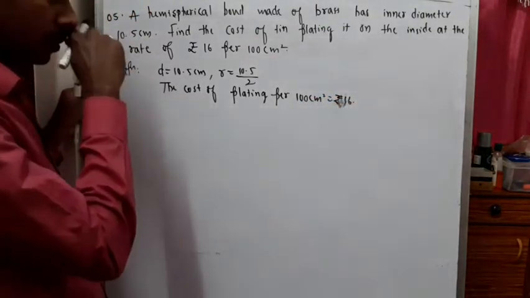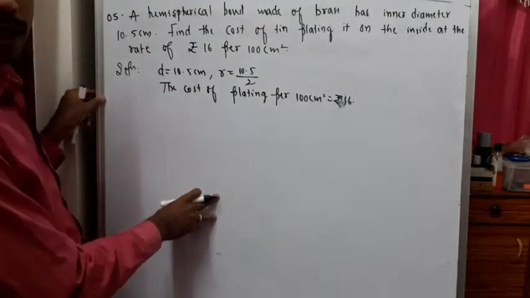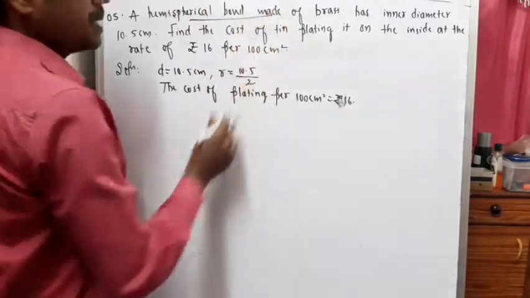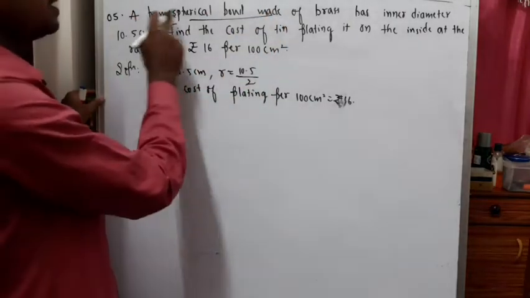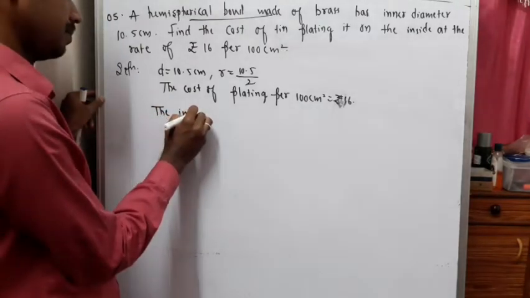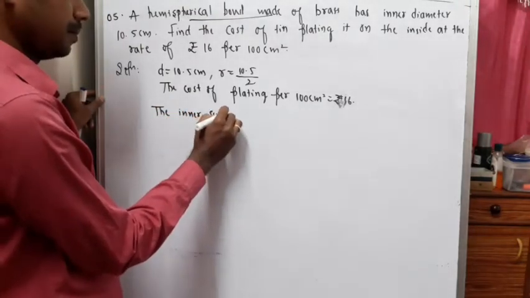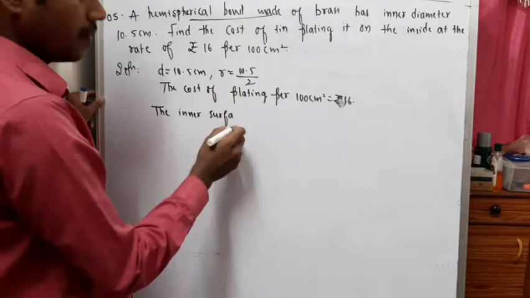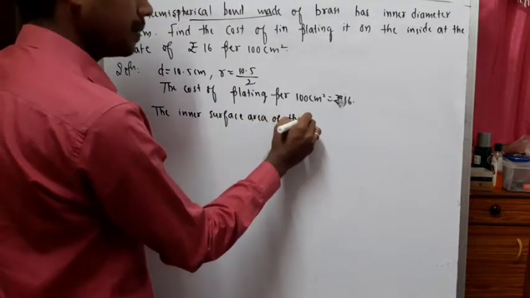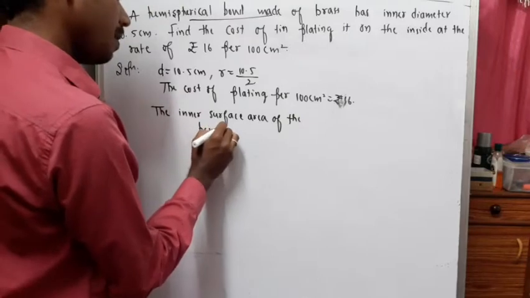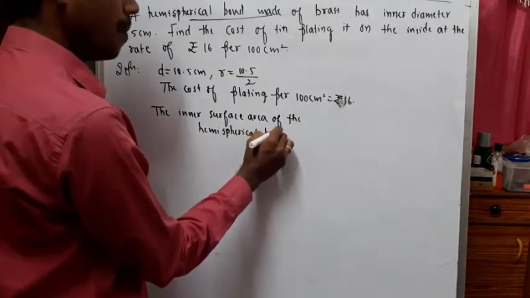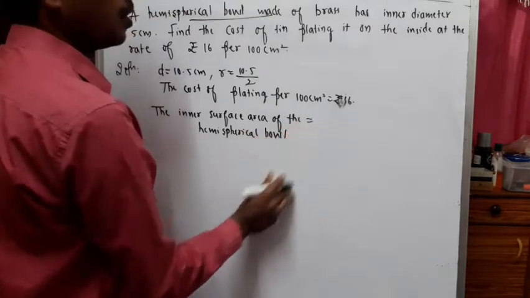Now, the inner surface area of the hemispherical ball is equal to what?